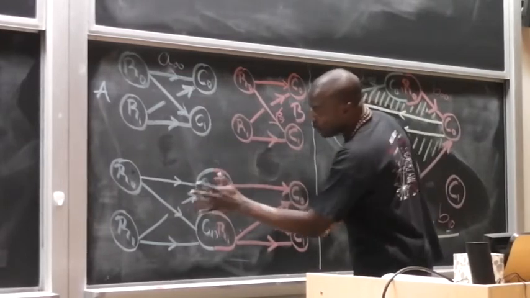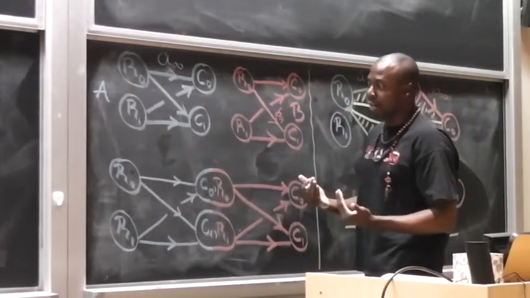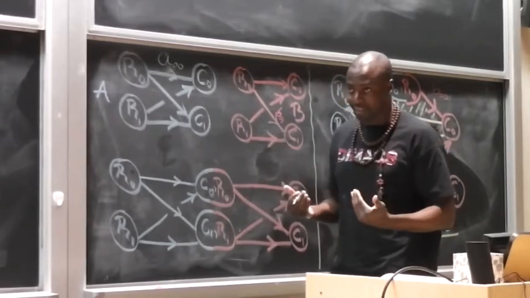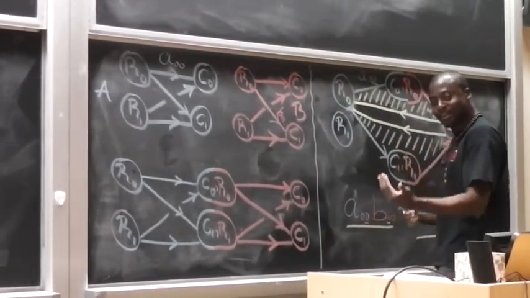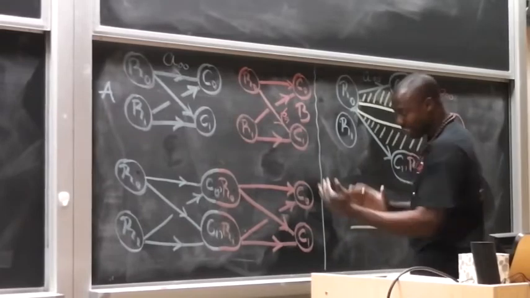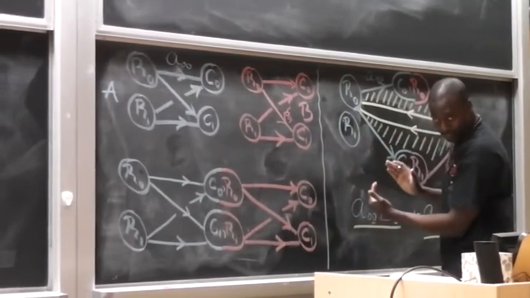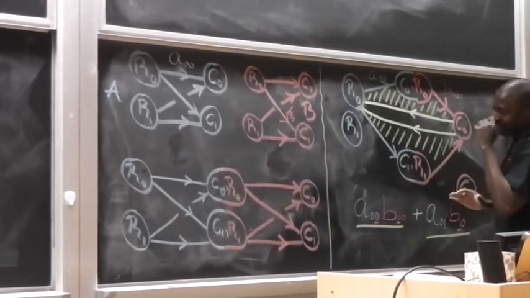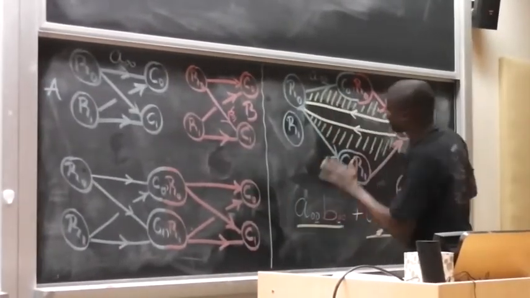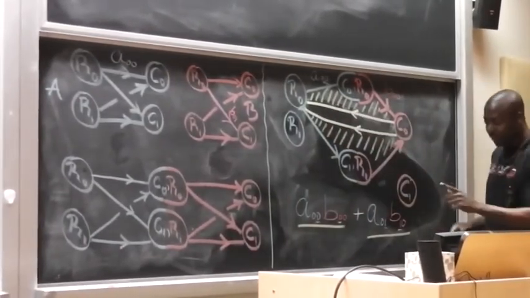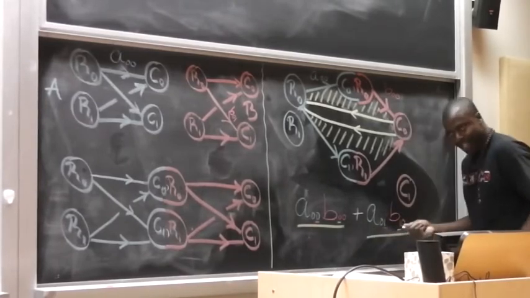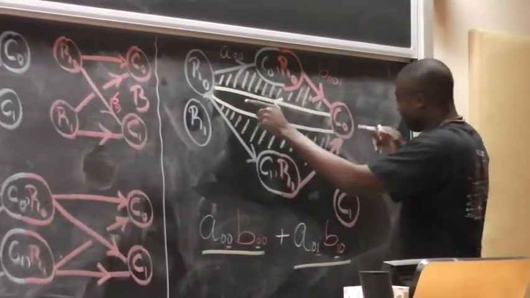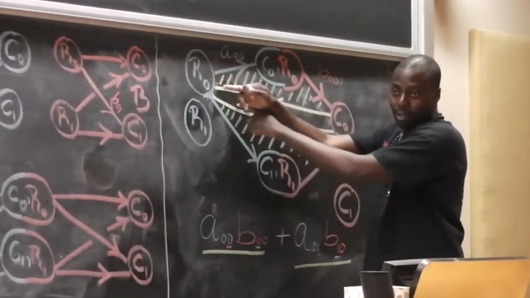And you can see here why, when you compute A squared, you're saying something about paths of length 2. And if you're computing A cubed, you're saying something about paths of length 3. Really, because you're gluing these graphs together. So what I want you to do is think about triangles instead of paths. Every term in the product, let's think about it as building a triangle configuration, where the back edge is the result of your multiplication.